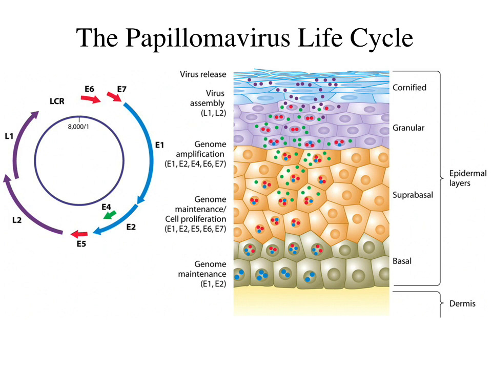E6 and E7 inactivate p53 and RB protein respectively, which enables the cells to maintain their DNA replication potential. In the upper layers of the stratified epithelium, the expression of viral genes that are required for viral genome replication is markedly accelerated, inducing viral genome amplification to thousands of copies per cell.